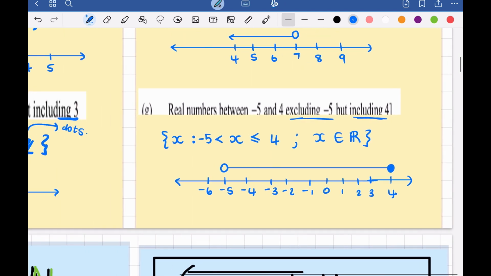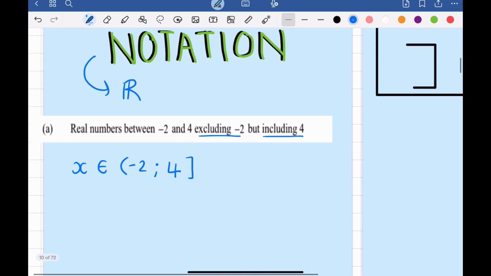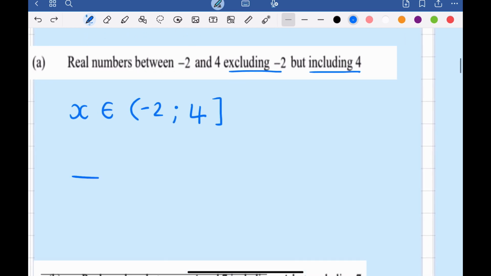Okay, and then we carry on to interval notation. So how do we draw that? Remember, we only work with real numbers here, which means that all of these are going to have solid lines representing them and not dots.